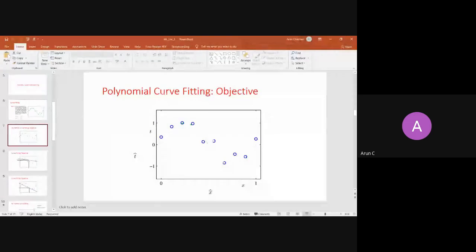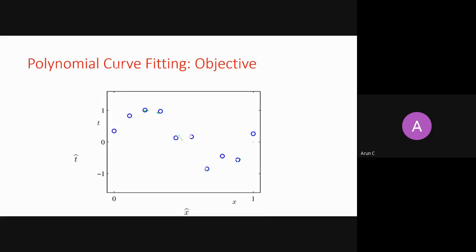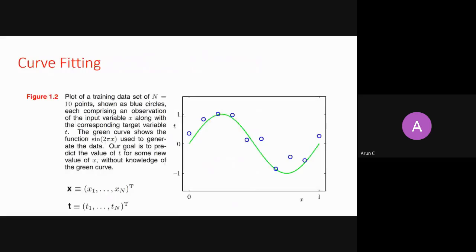So yesterday, just to bring you all onto the same page, we came up with a data set. The trick was that we thought of a sinusoidal function defined between 0 and 1. We took 10 uniform values between 0 and 1, and for all those 10 values we found sin x.